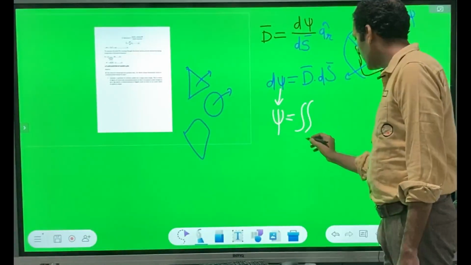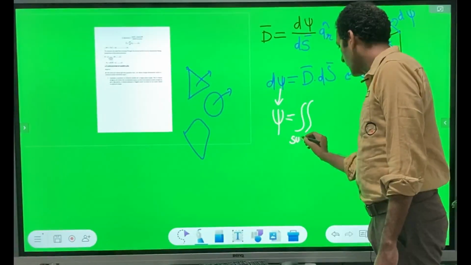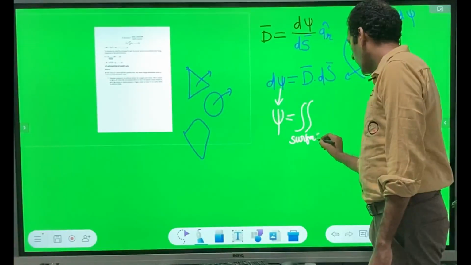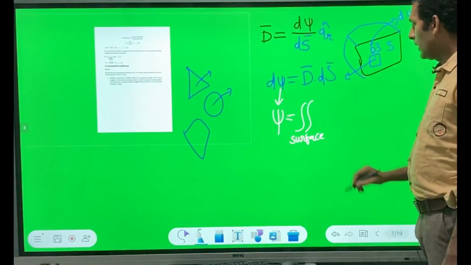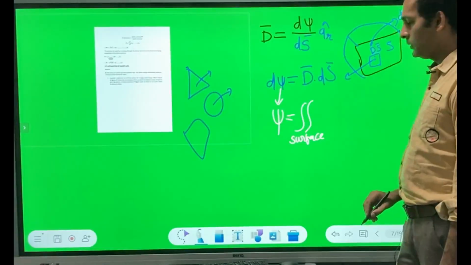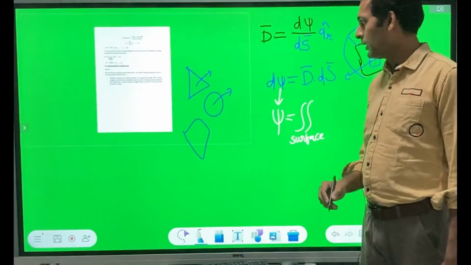So for this surface we will have some integration, its value will be given as double integration, because two axes are involved.